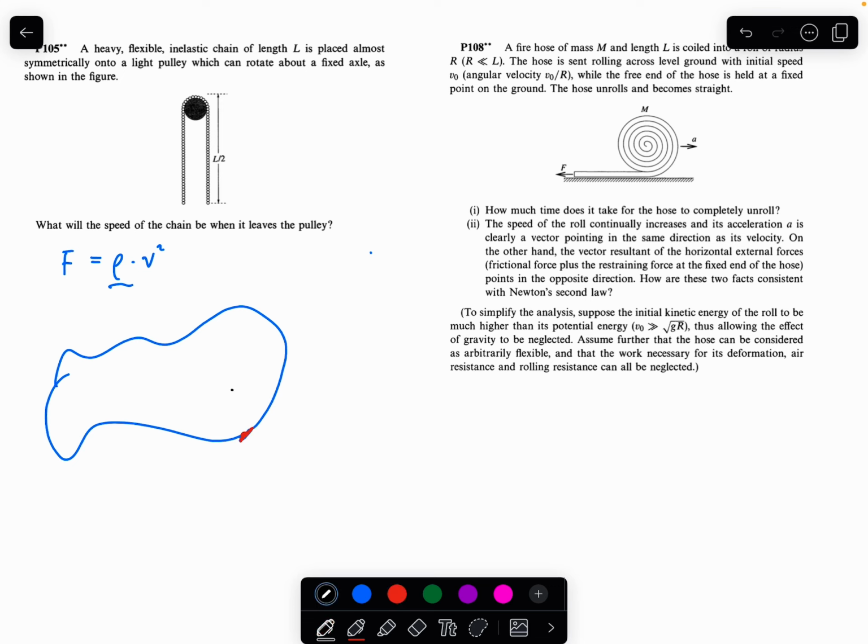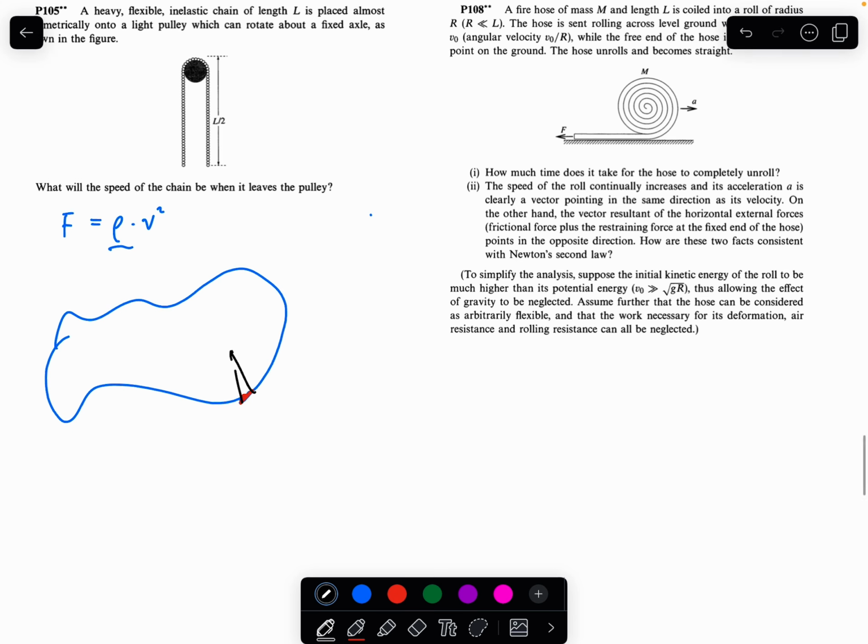Let's assume that it undergoes a circular motion with a radius r. Then the mass of this piece of length delta gamma would be r times rho times delta gamma, right?